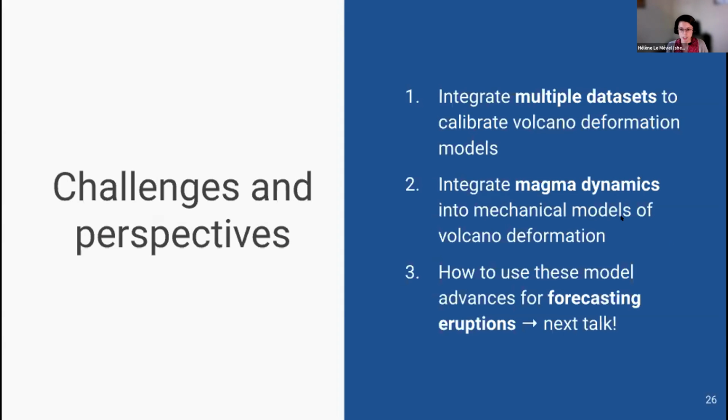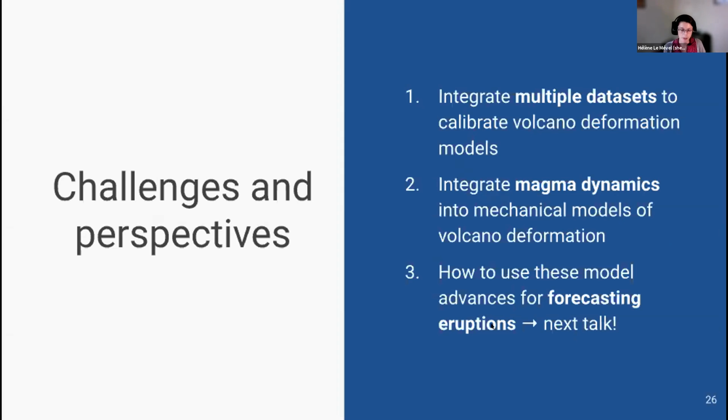Second, we need to keep working on integrating magma dynamics into mechanical models of volcano deformation, linking the more realistic crustal models we saw in part 1 to the more physical processes happening in the reservoir and in the conduit that we saw in the second part. And the third point is that a remaining challenge is to be able to determine the evolution of a reservoir leading up to an eruption.